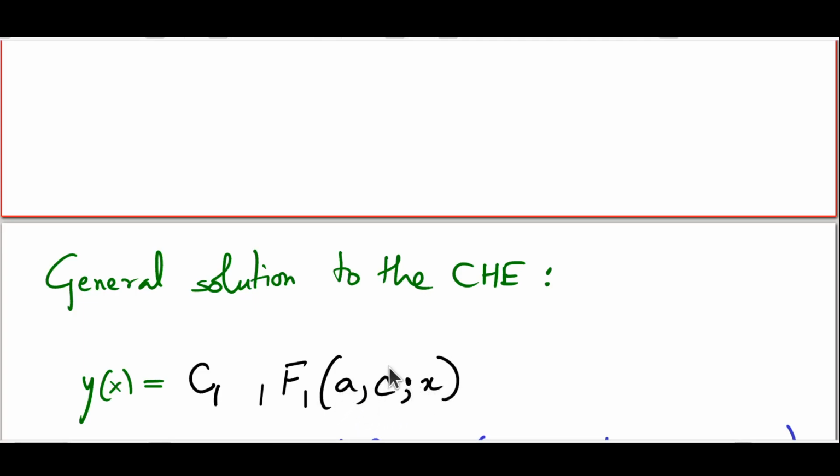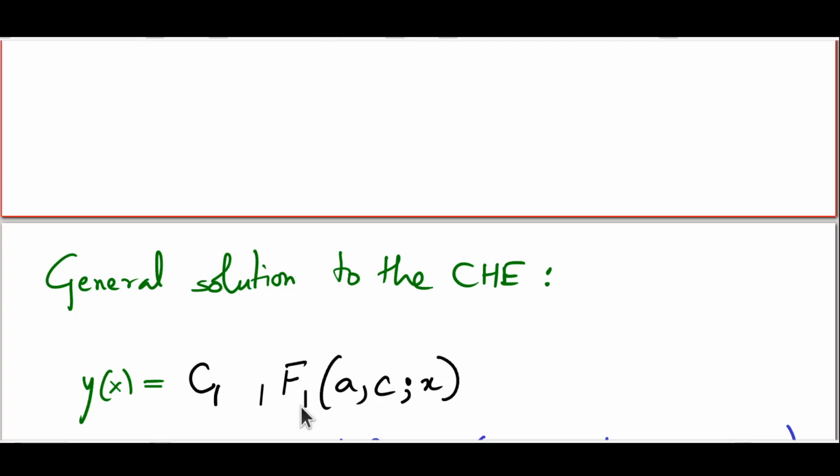Now here a and c are obviously the parameters that describe the function. x is the argument, of course. 1F1 is a notation which is used because there are other generalizations of this, in particular the hypergeometric equation, which is very special and very important also. But we are going to talk about that later.